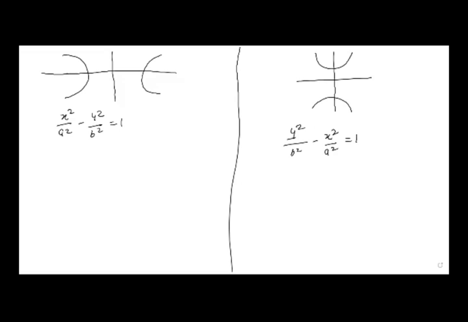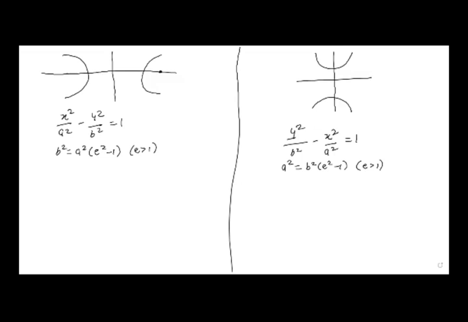So you can see that here the coefficient of y square will be negative, and here the coefficient of x square will be negative. Here to find the value of eccentricity, we will apply b square is equal to a square into e square minus 1. Here the value of e is greater than 1. And here I will apply a square is equal to b square into e square minus 1. Here also the value of eccentricity is greater than 1.